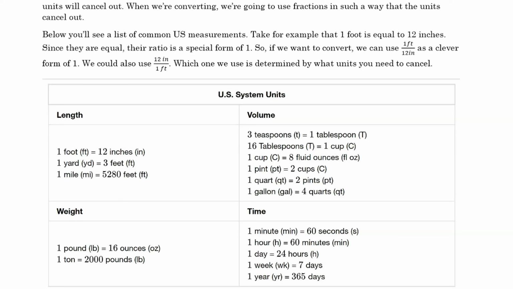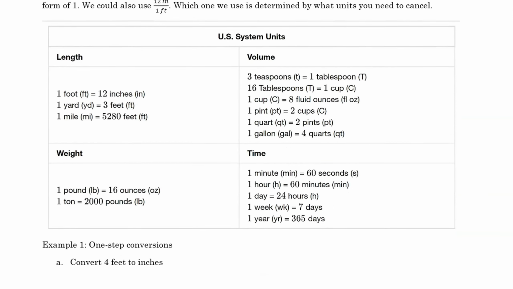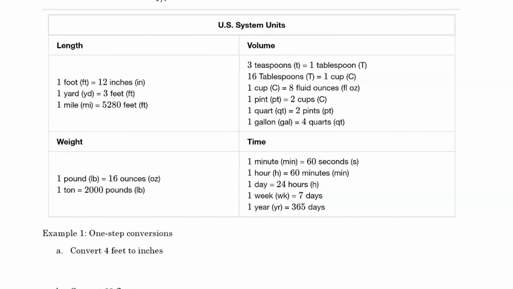So if we wanted to convert, we could use the fraction or the ratio 1 foot to 12 inches as what elementary teachers would refer to as a clever form of 1. Now we could also use 12 inches to 1 foot, and which one you use is determined by what you need to cancel.